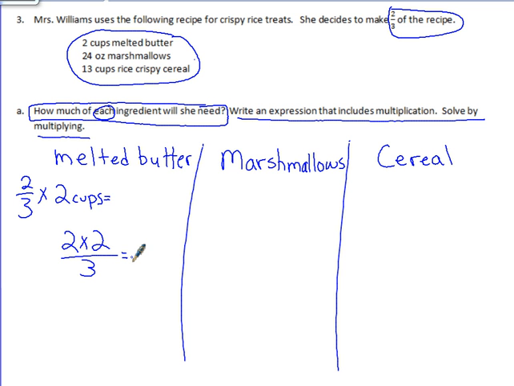If I think about my multiplying, 2 times 2 is equal to 4. And I keep the denominator 3. Now that's an improper fraction, I know. So 3 goes into 4 one time. That gives me 3. How am I going to get to 4? Oh, I need 1 more, and they are in thirds. I look back to see what the units are, and it's cups. So in this 2/3 of a recipe, I'm going to be using 1 1/3 cups of melted butter.